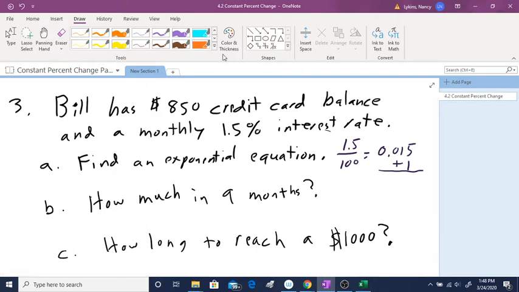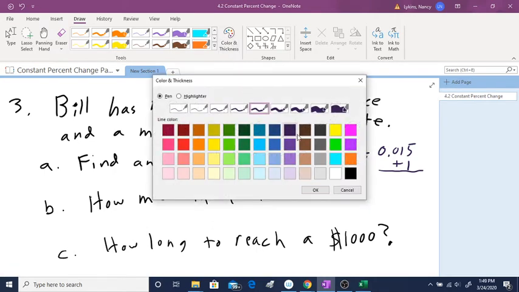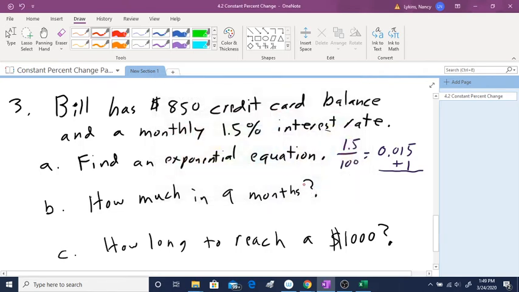Now our exponential equation is N of t equals 850, and in parentheses 1.015 raised to the t power. Remember, I'm just adding 1, that's where I got the 1.015.